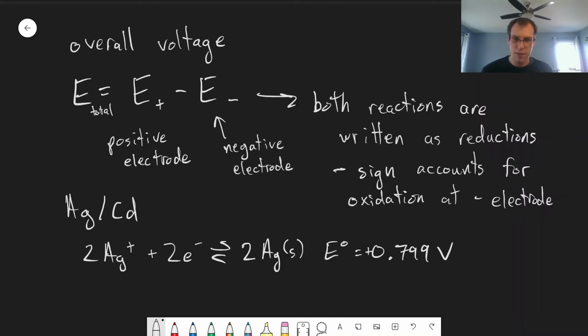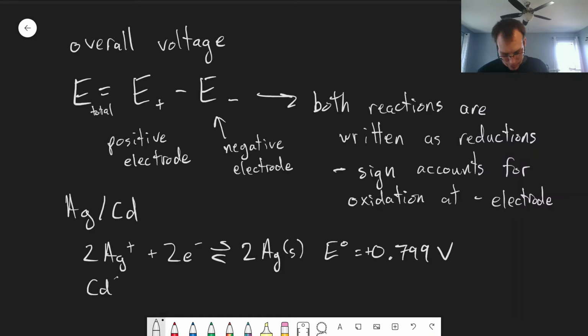And one thing I'll mention is if you look this up in your textbook, it won't have the 2 in front of it. I'm adding the 2 to balance the reaction equation. But adding 2 does not change the potential. It doesn't change the amount of force, though force isn't really the right word, but the amount of potential energy pushing on our reaction. So standard reduction potentials don't need to be multiplied or divided if you multiply or divide the reaction that goes with them.